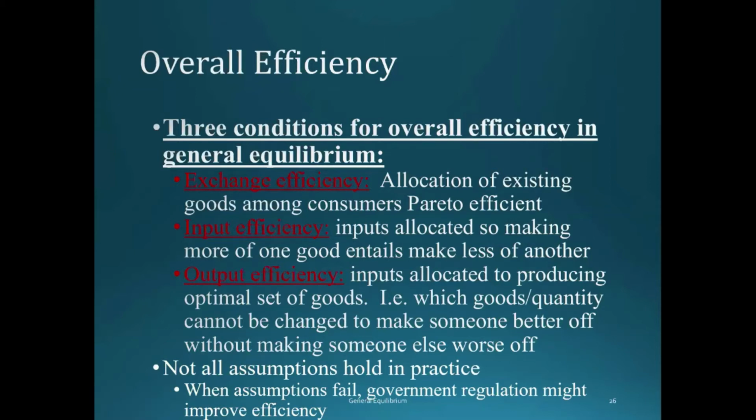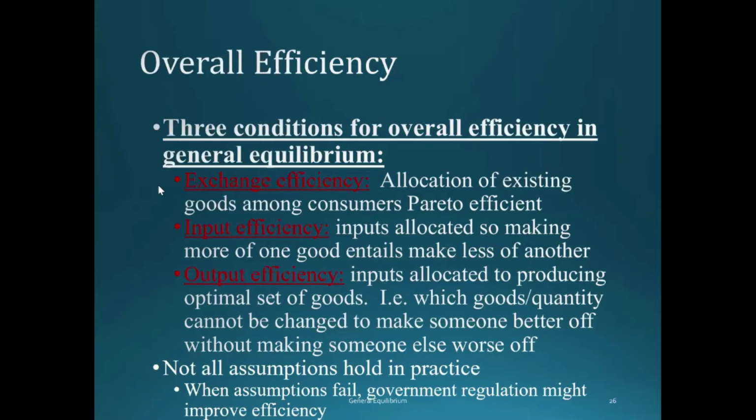If we can find a way to do that, that results in more of one good being produced, less of another being produced, in a way that when distributed to consumers, made all consumers at least as well off, so some better and no one worse off, then the initial choice of which goods to make was not output efficient.